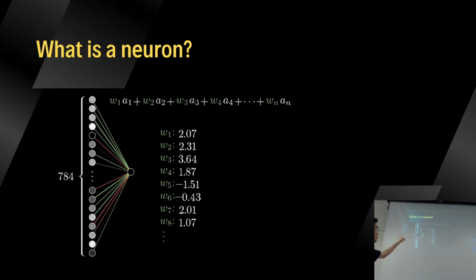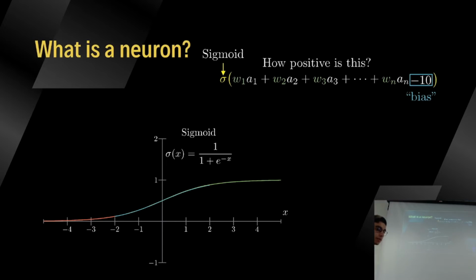But as I told you, these neurons carry, in this case, a number from 0 to 1. And probably if you make this calculation, the result is a number greater than 1. So how do we put this final answer in the range from 0 to 1? That's why we use what we call an activation function.